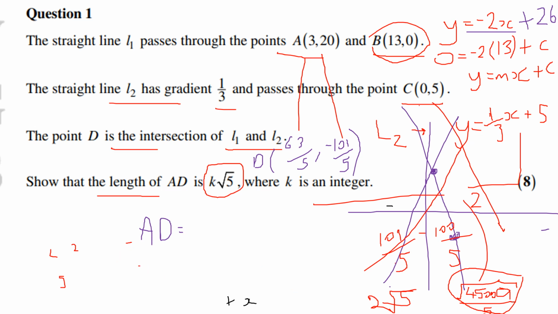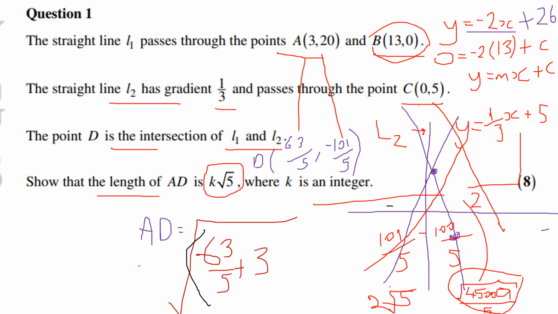So if I add the length here and then square it, I'm going to have the square root of 63 fifths plus 3, all squared, plus this minus this, add this, so minus 101 fifths.